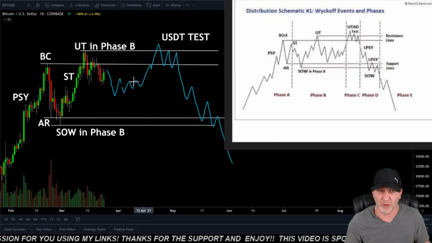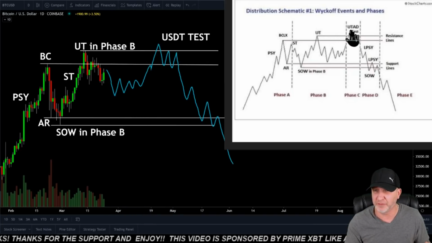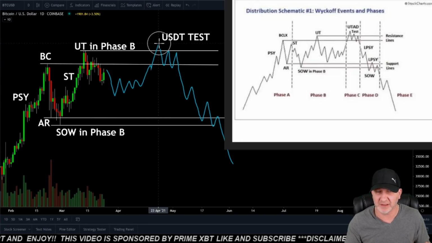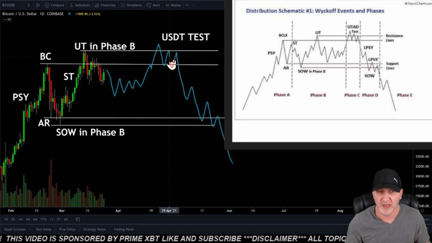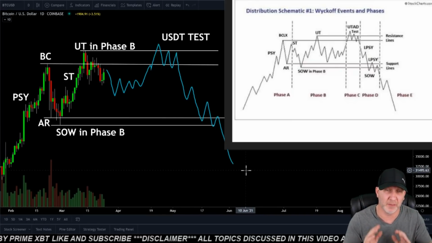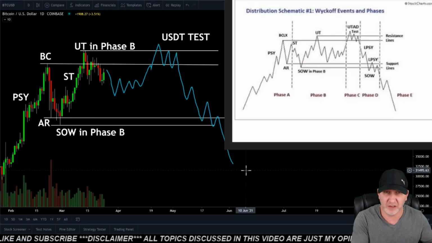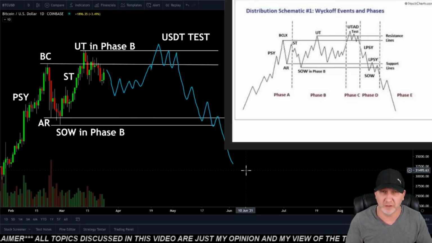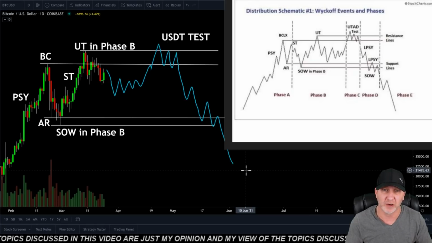This is what it would look like if it plays out and we go to that 63 or 64,000 to the up thrust after distribution, basically like a fake out or stop hunt, and then down from there. Next, we're going to take a look at the schematic number 2, and then we'll go into the charts, look at the Elliott wave and all my other targets and what to look for and what areas to watch for.